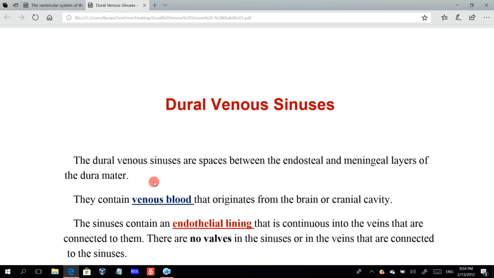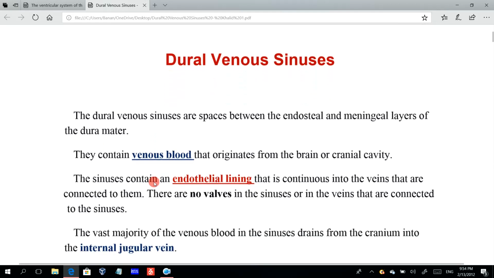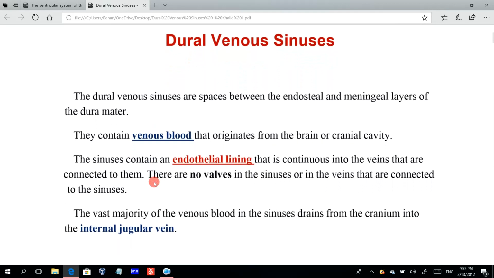All the structures within the cranial cavity, including the brain, cerebellum, and so on, their blood will be drained by these dural venous sinuses, and ultimately this venous blood will end in the internal jugular vein, which passes through the jugular foramen, as we will discuss next time.